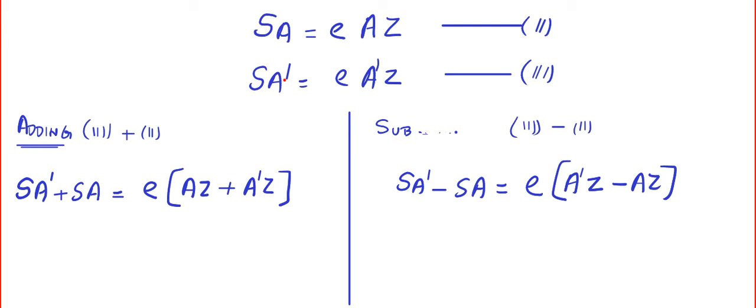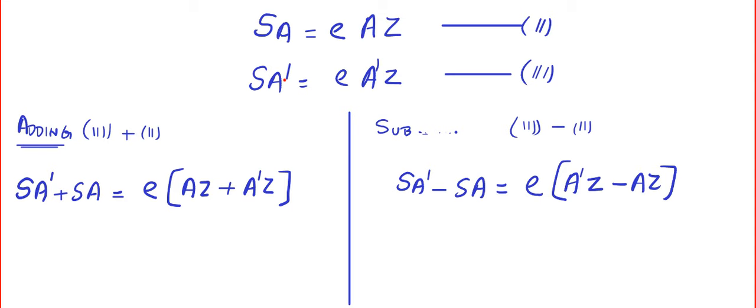Now always don't forget it, note it somewhere, this is very important. While adding and subtracting, you can be 100% sure one of the sides will be A dash. Same with subtraction, one of the sides will be A dash.